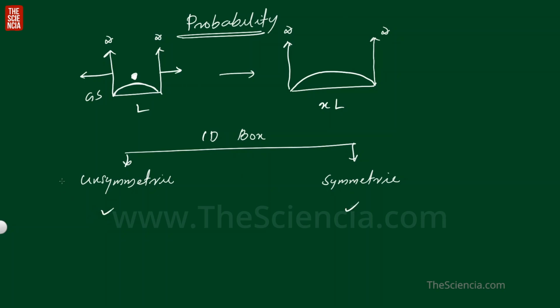First we will discuss the probability of finding the particle in the ground state of the 1D box when its walls are shifted. Then we will discuss the symmetric box and the probability of finding the particle in the ground state of a 1D box whose walls are shifted.